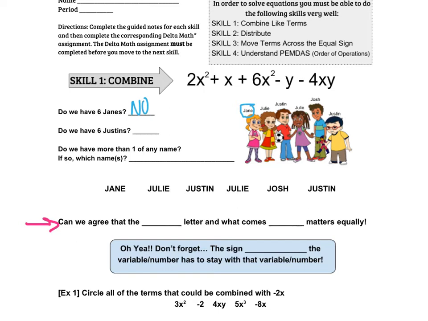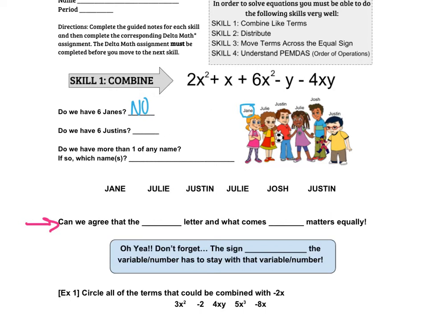Sometimes we look at things at random in the equation. We might say, okay, I have a y here, and you start combining it with random things that also have a y. So you must be able to combine those two things because they have something in common. The real life situation would be if I take a random middle person's name, do I just start combining him with all these random other things and say, okay, I have 6 Justins?